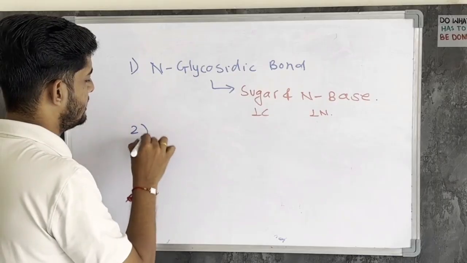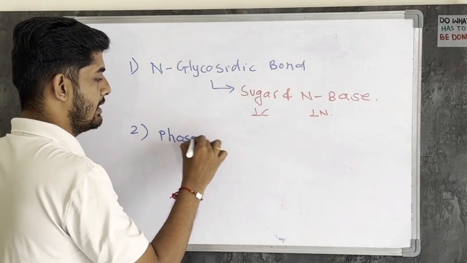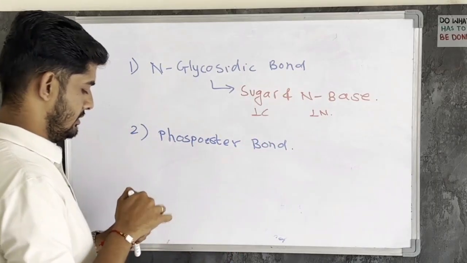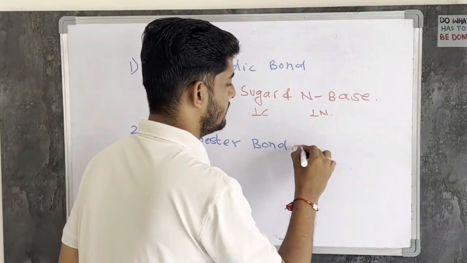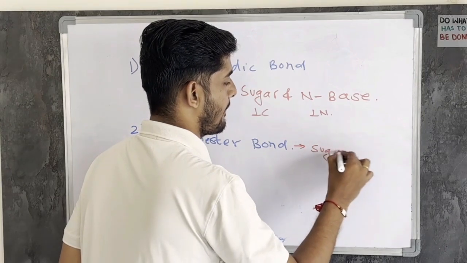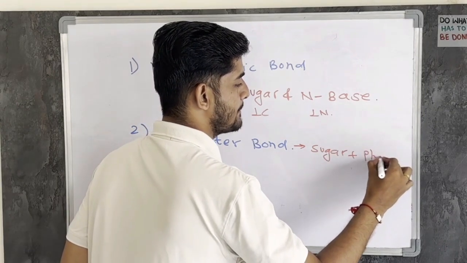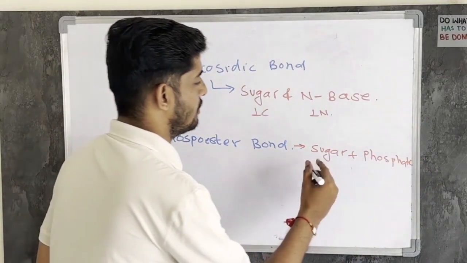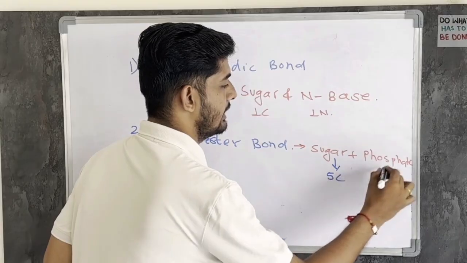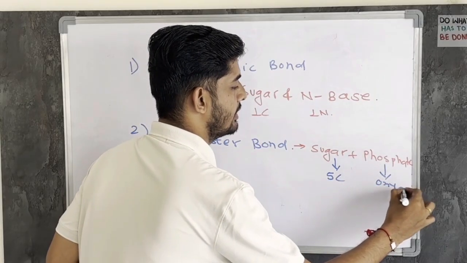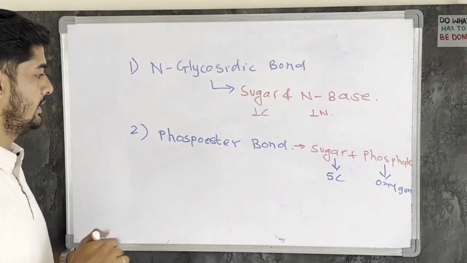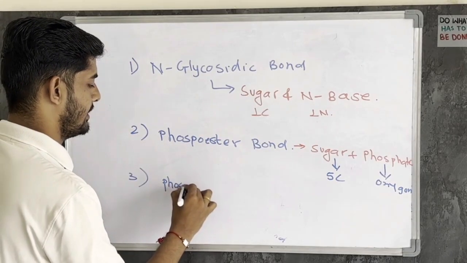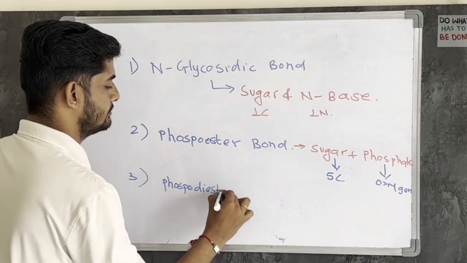The second type of bond is the phosphoester bond. Now the phosphoester bond is formed between the sugar and the phosphate group. This bond is formed between the 5th carbon and the oxygen of the phosphate. And the third type of bond that is formed is the phosphodiester bond.